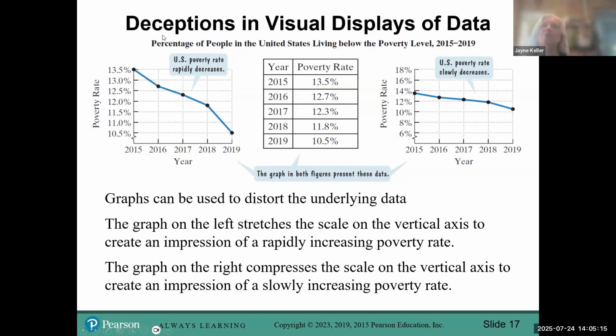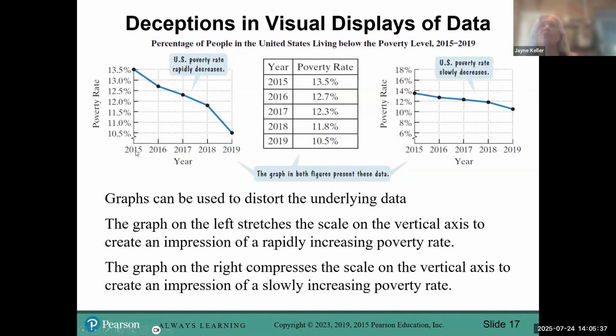Is somebody trying to make me think something is true that really isn't true? In the middle here, we have just the raw data. In 2015, the poverty rate was 13.5. In 2016, it was 12.7, and so forth. So we have these values from 2015 to 2019.